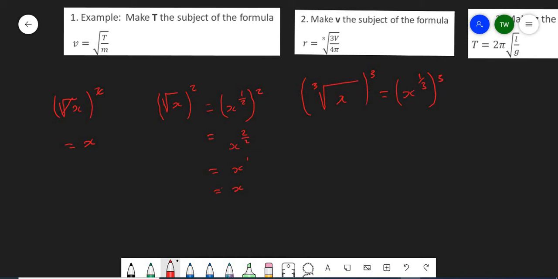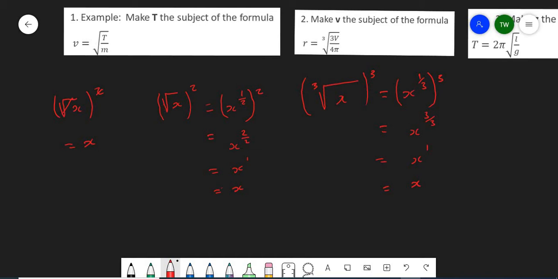And then we apply the power to power rule, and 1/3 times 3 is going to give us x to the power of 3/3, which is going to equal x to the power of 1, which is just the same thing as x. So the cube root sign disappeared.